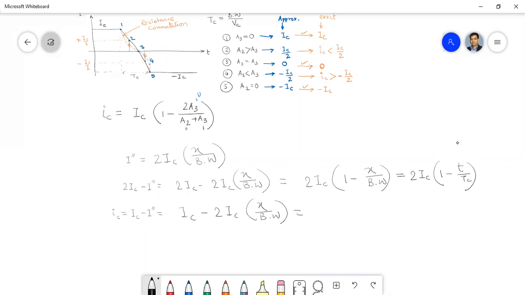If we take this as common, what will be this value? You just find out yourself. Okay, so this is IC into 1 minus 2 T by Tc. So these are three expressions.